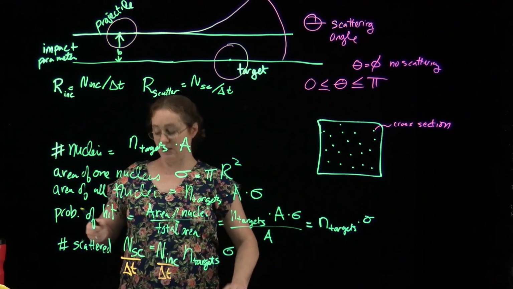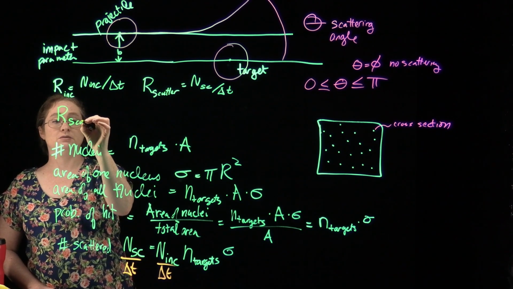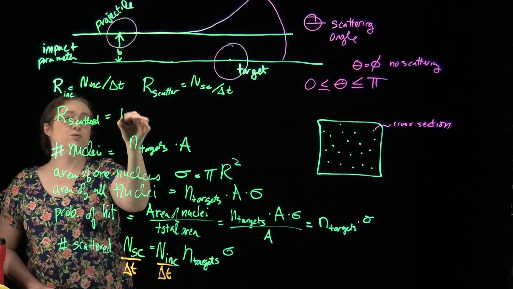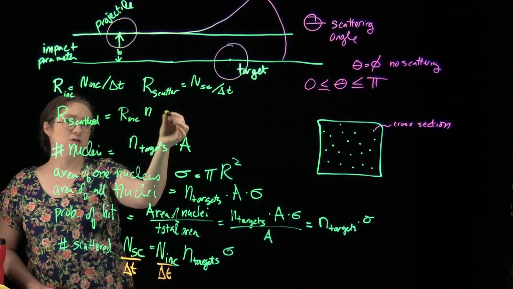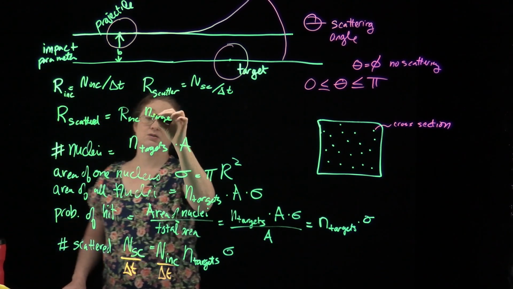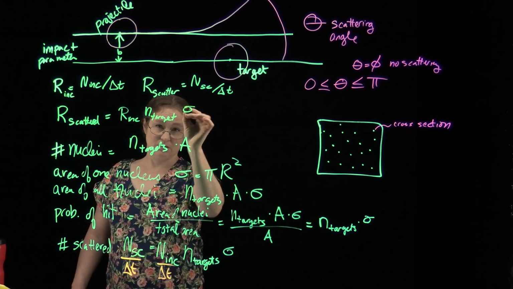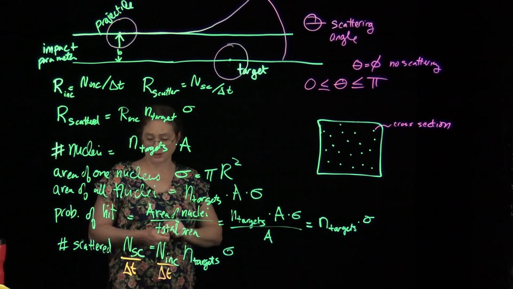And then what we get is that the rate scattered is equal to the rate incident times the number density, the area density of targets, the number density of targets times the cross-sectional area of a single target.